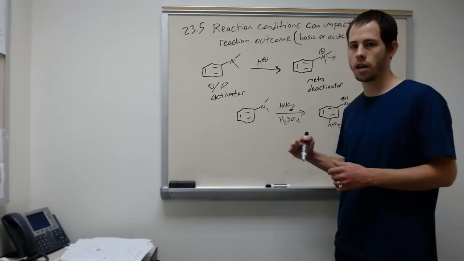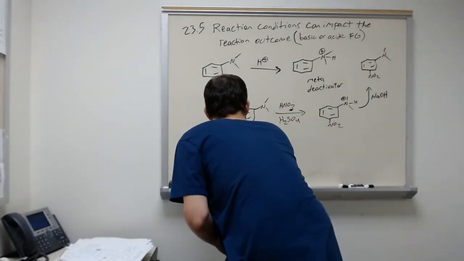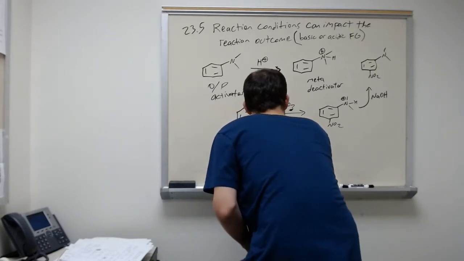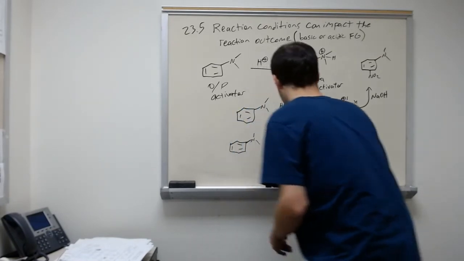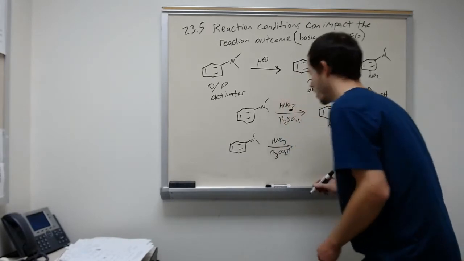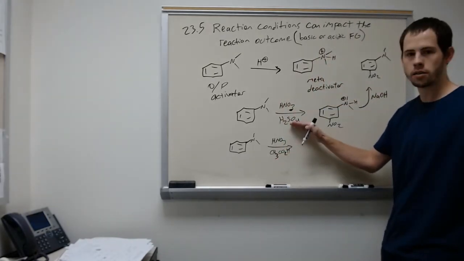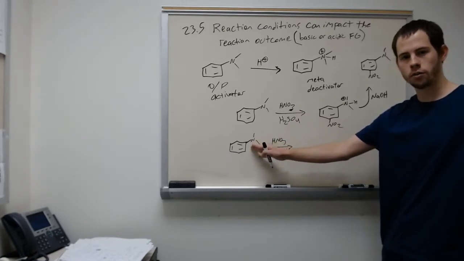So if we switch out the acid to acetic acid, alright, acetic acid is much weaker than sulfuric acid, so we don't get nearly as much of the protonated aniline derivative.